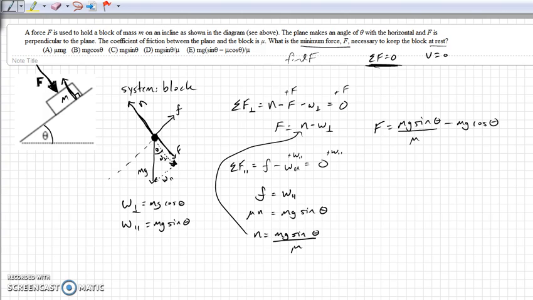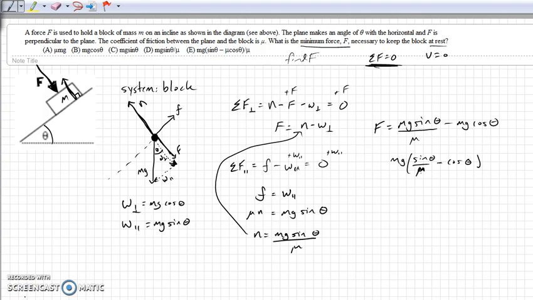Okay, so now I have to do a little bit of algebraic stuff, and I have to sort of break this apart. So the first thing that I can do is I can pull out mg. I'm going to get mg times sine theta over mu minus cosine theta.